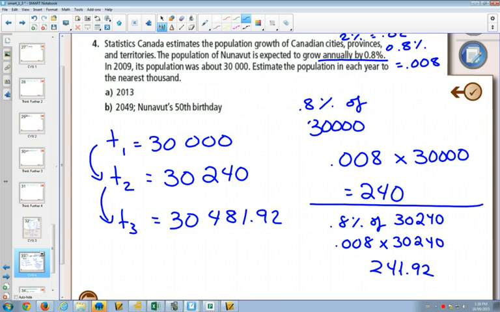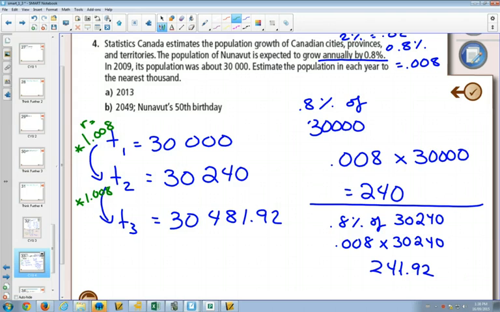Or we can notice that once I've got these values here, to go from term 1 to term 2, if I divide this by this, I get 1.008. That's how much I've multiplied by. And if I take term 3, 30,481.92, and divide it by 30,240, I've multiplied by 1.008. And if we multiply by the same thing over and over again, that is an R value. That's our common ratio.